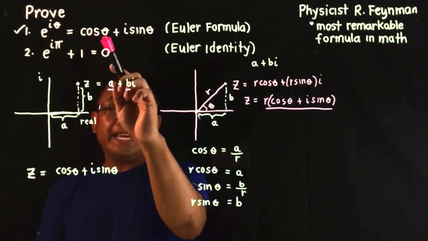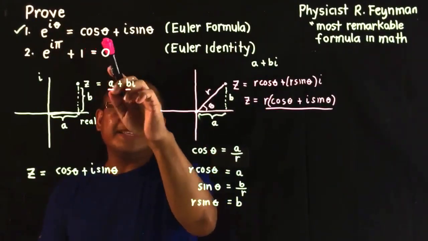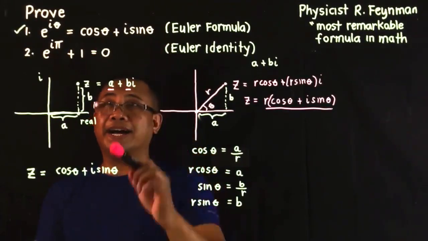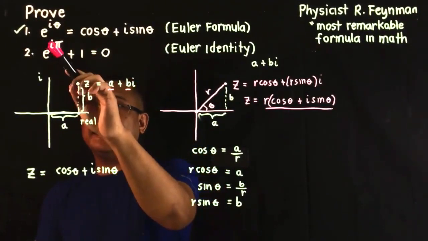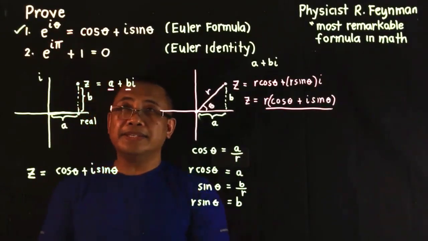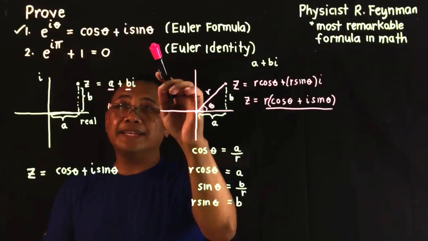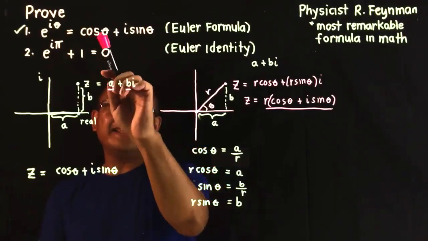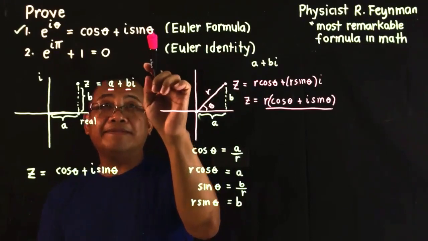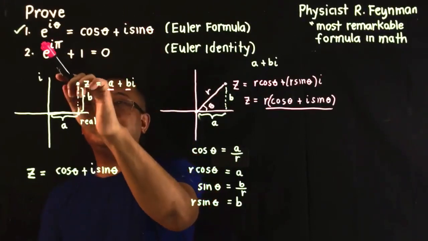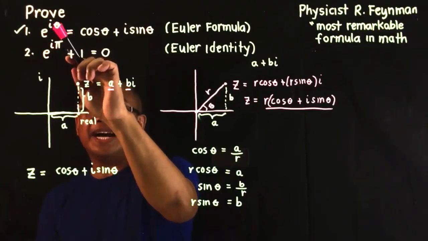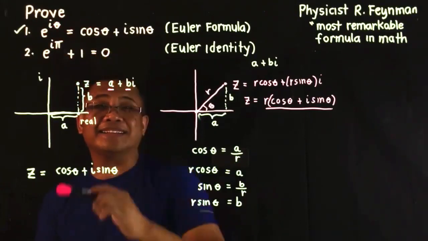And notice also that in the Euler formula, the right side is a trigonometric function containing the imaginary unit i, and the left side is a complex exponential number. So what the formula says is that instead of adding cosine theta plus i sine theta, we can also find the value of this by just raising the natural number e to an imaginary unit i times the angle.